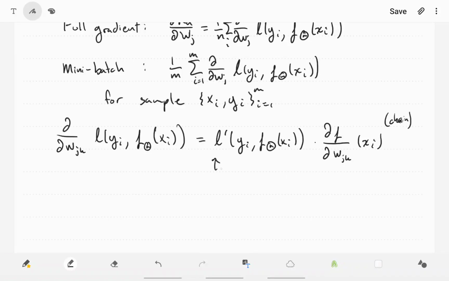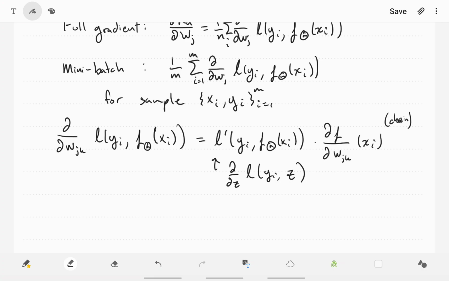Where of course this L prime is just the partial over partial z of L of yi, oops, not f, L of yi, f sub theta of xi. Oops, let's make this a function of z. Right? So this is our first step.